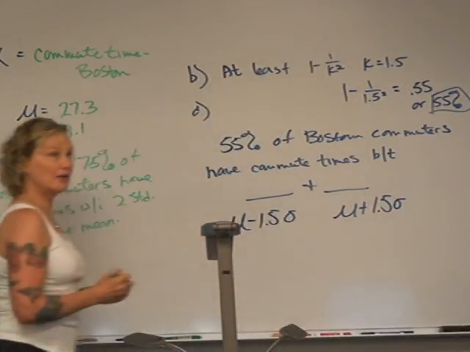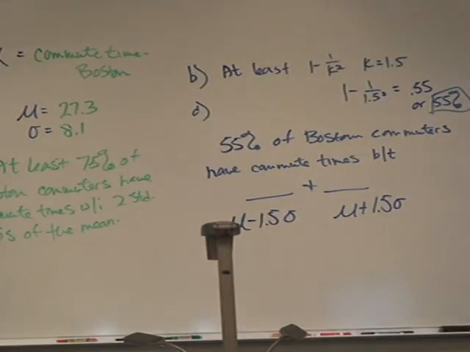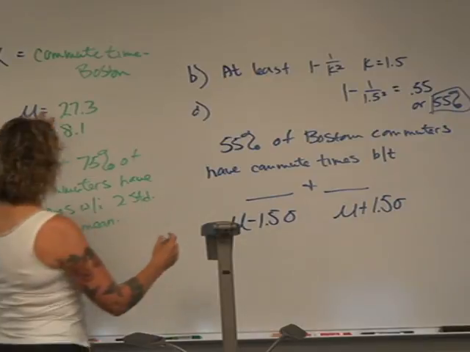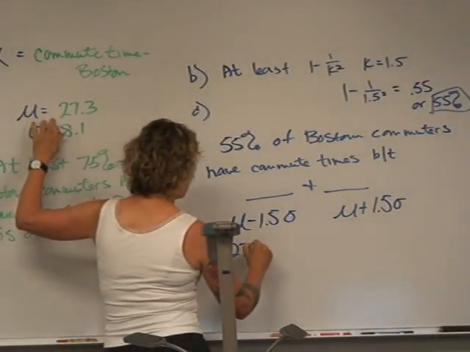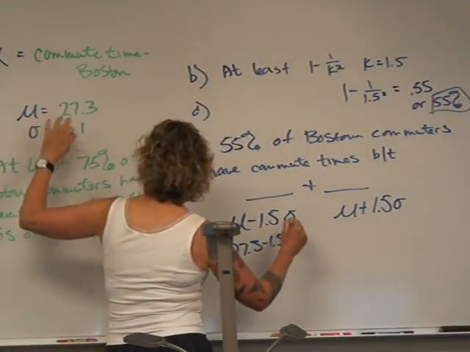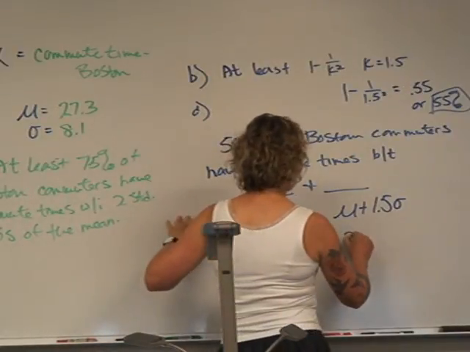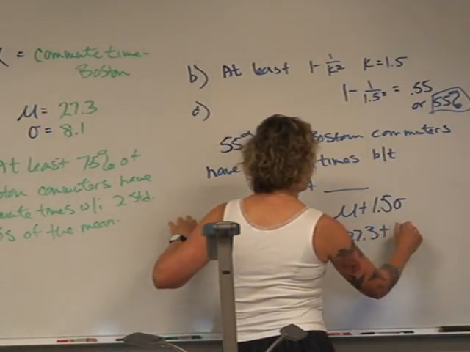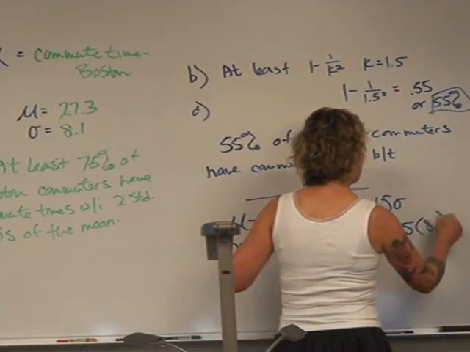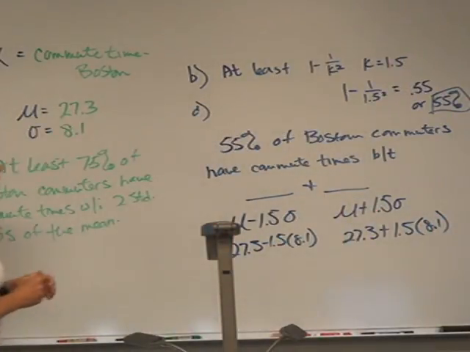And by 1.5 standard deviations, I mean 1.5 times the standard deviation. So we've got 27.3 minus 1.5 times 8.1, and the upper end is 27.3 plus 1.5 times 8.1.